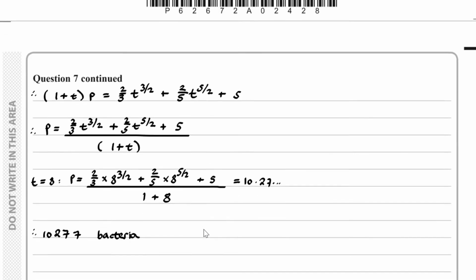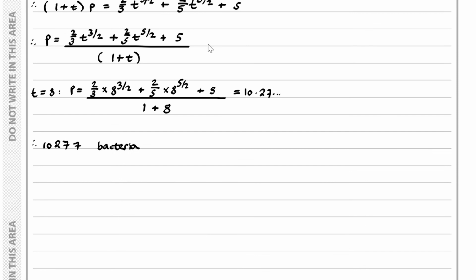So we need to differentiate our function P over here, and that will help us determine the rate of change. Now, of course, to differentiate P, we would have to use the quotient rule. So you can see U is equal to what's on the top, 2/3 T to the 3/2 plus 2/5 T to the 5/2 plus 5.